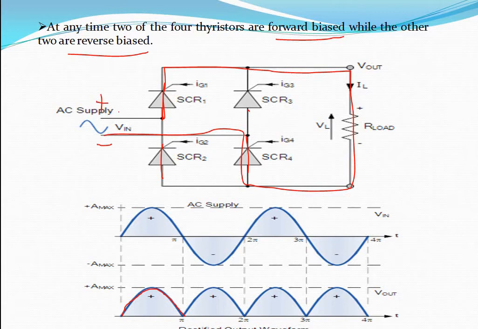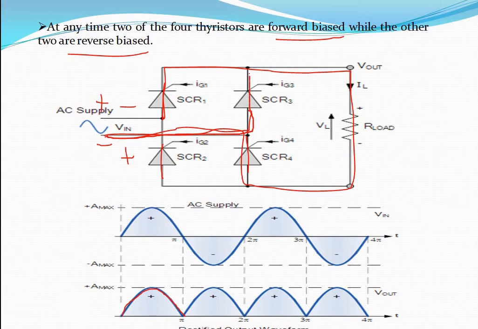Here we can see this is the direction of current, this is the conducting mode. So the signs will interchange here: this becomes plus and this becomes minus, because the anode is connected to the positive side.